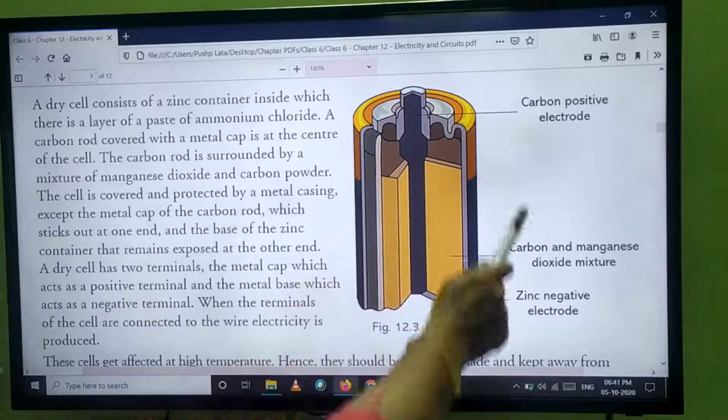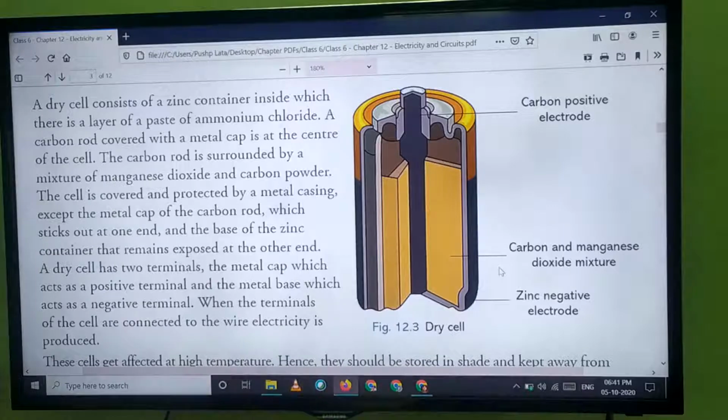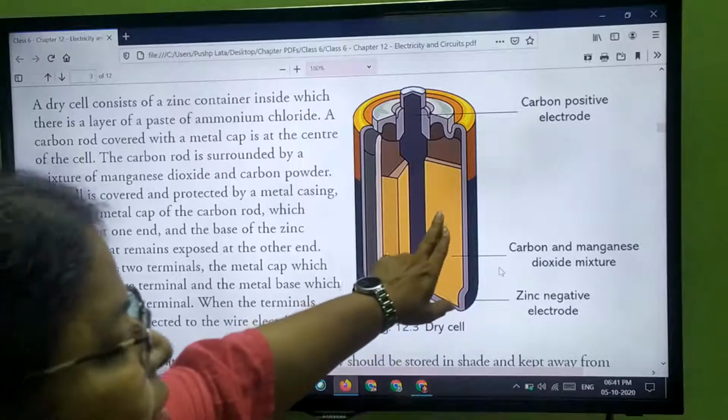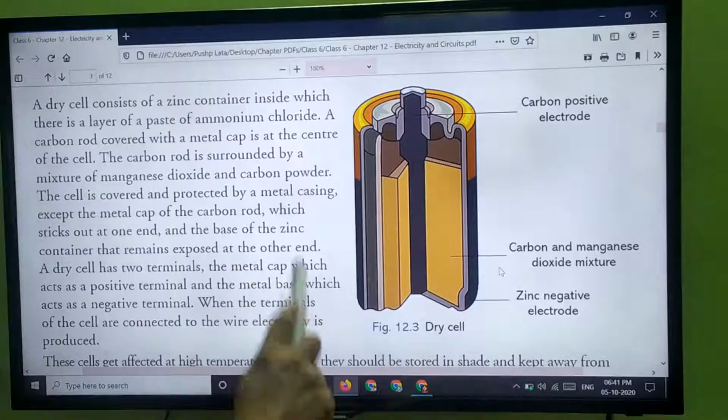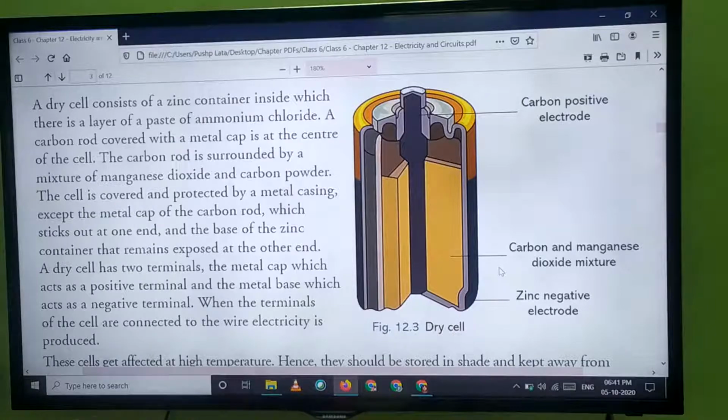So when we connect both terminals, what is going to happen? The chemicals present in the cell are going to show some reaction, and because of that the electric current will be produced. So this is about the structure of a dry cell.